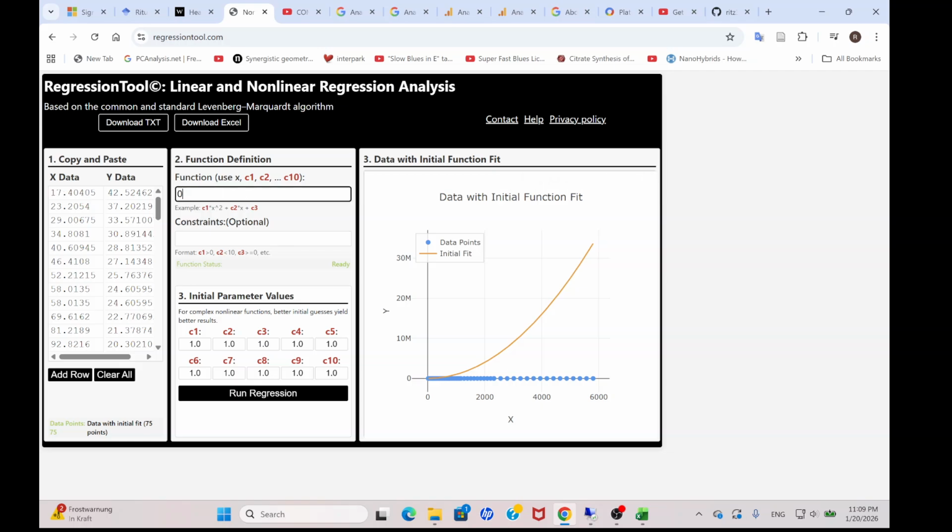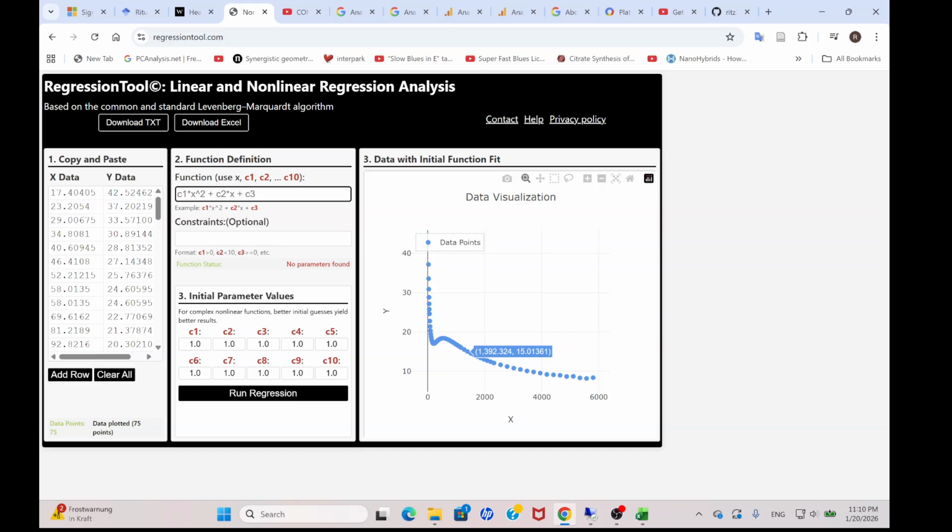So I think first we need to remove it. Oh, okay. Now we can see the shape of the data points. And it's quite a strange kind of trend, right? It does not fit into a simple exponential decay.